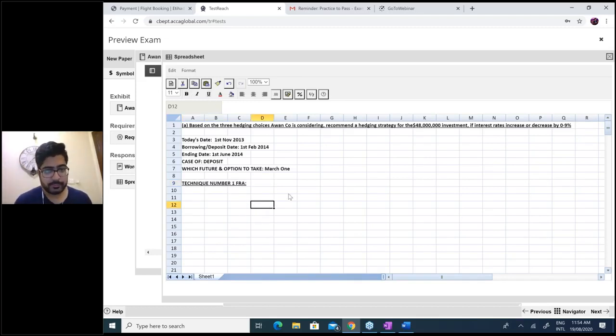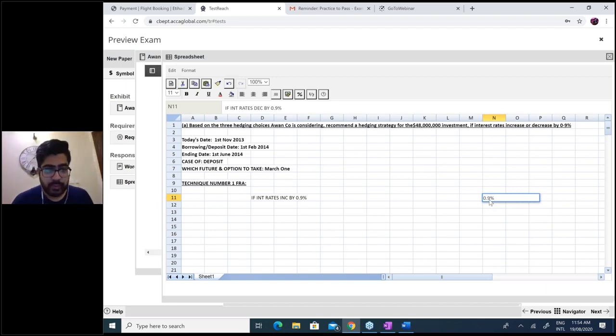There are 2 cases in the question. If interest rates increase by 0.9%, and if interest rates decrease by 0.9%, you can check the requirement.